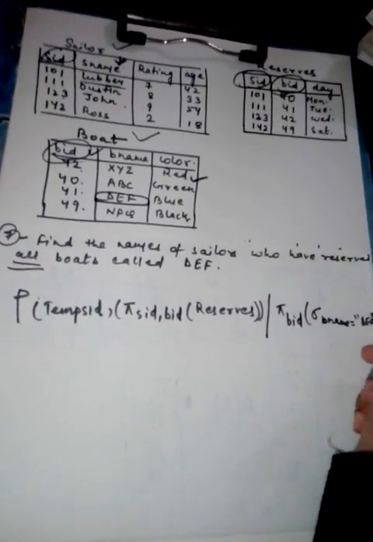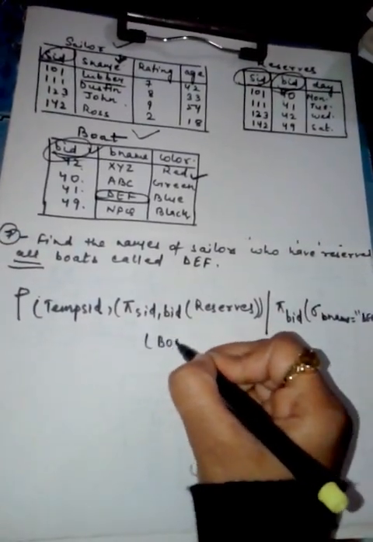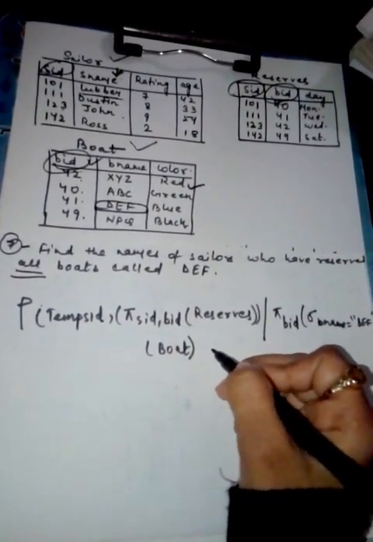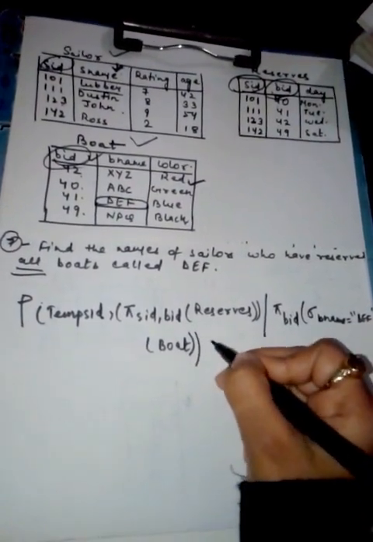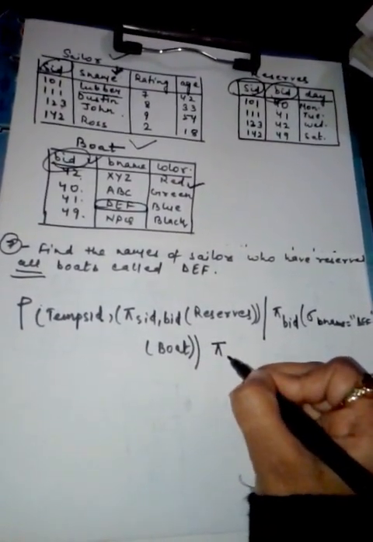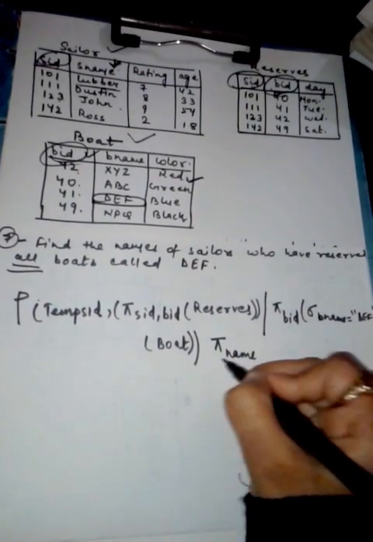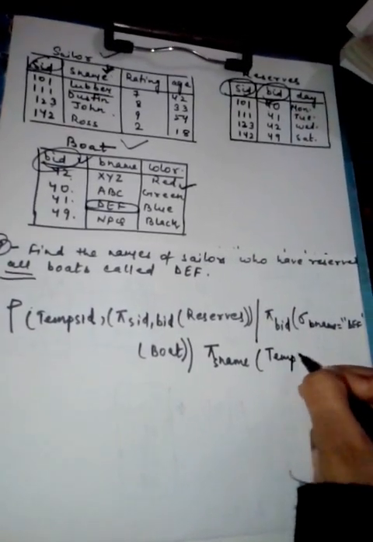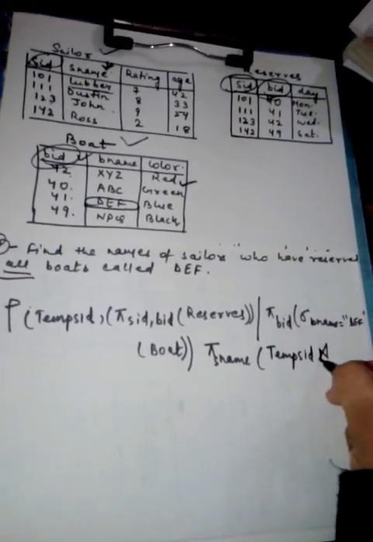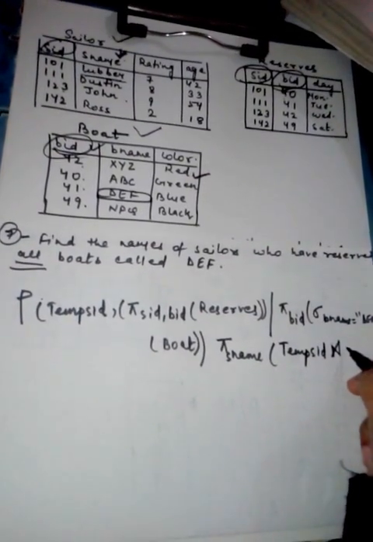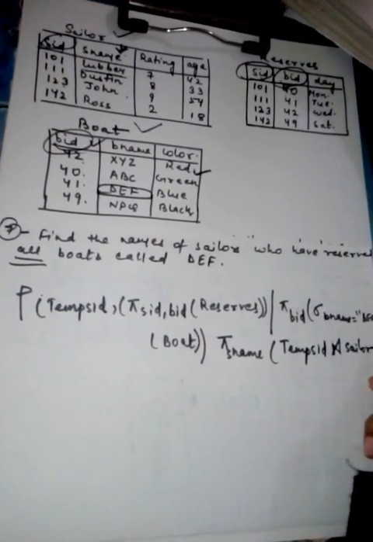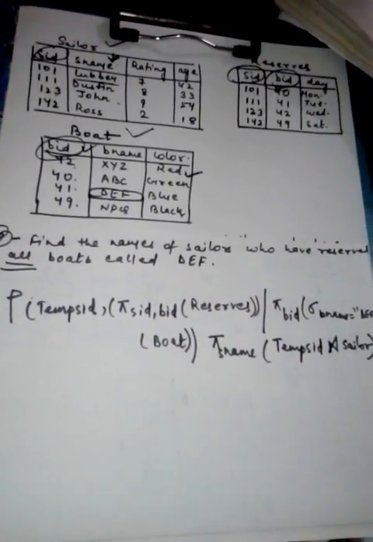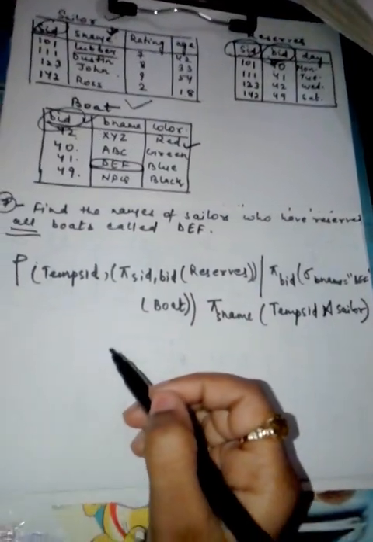DEF, from the boat table. And finally we have to project the name of the seller by linking this temp seller ID and seller. So this is the required answer for the above query.